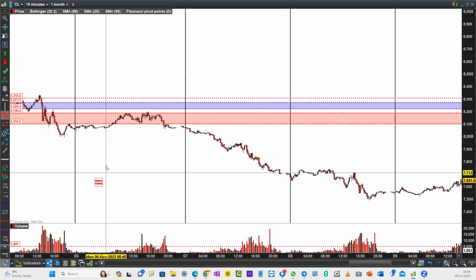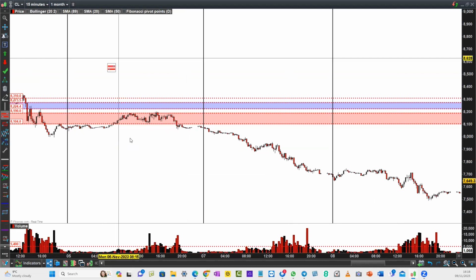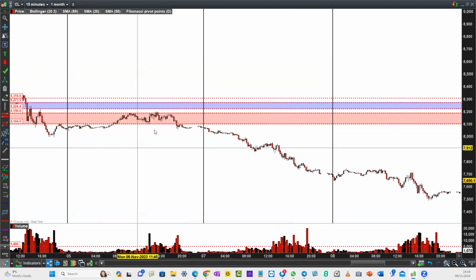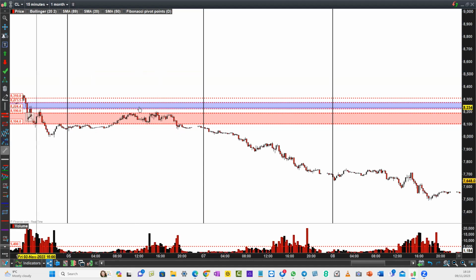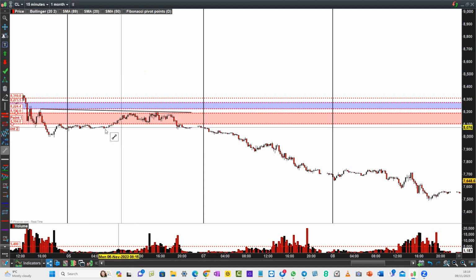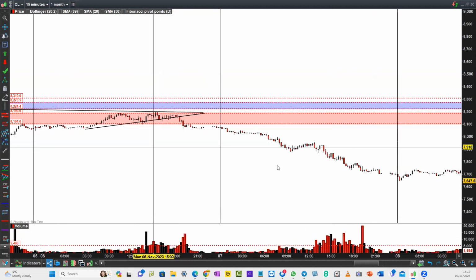So you can see we never closed above that Monday open zone throughout the whole day. And we got a sell signal at 3:30, so 90 minutes after New York is open, we get this rejection of that Monday open high. And then towards the end of the day, we break down underneath it, and we actually close underneath it, into the old pit close.